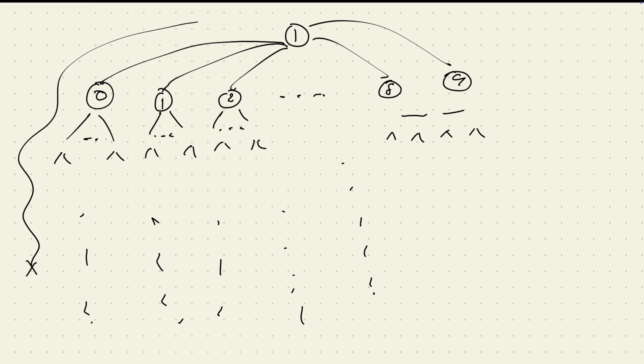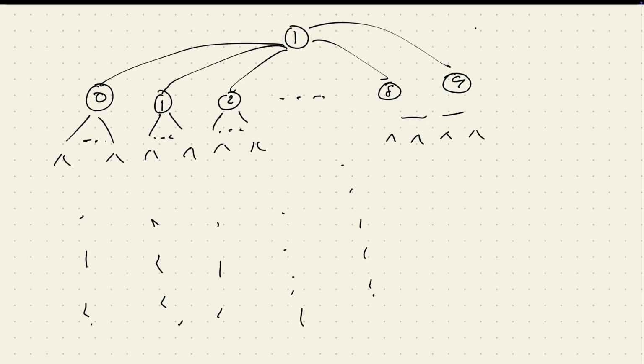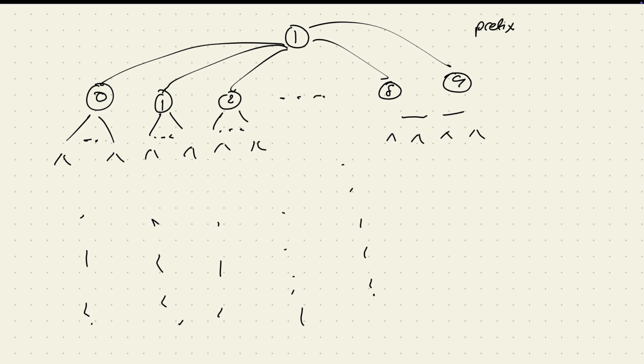Let me erase this. The key thing here is to see that this is something called a prefix tree. Imagine instead of numbers, these were letters.